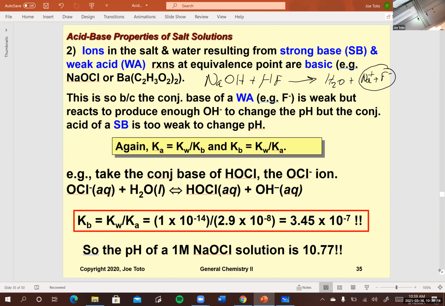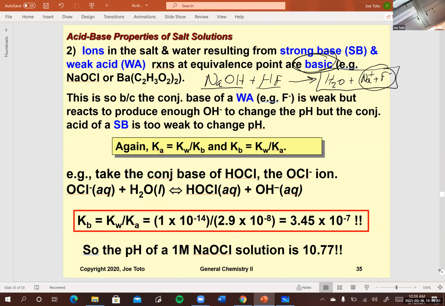Now, it says that the resulting solution is basic. Can anybody explain why that would be basic? The HF is not strong enough to cancel out the... Okay, yeah, look, it's a stoichiometric amount, right? So I can have 10 moles of this and 10 moles of that.